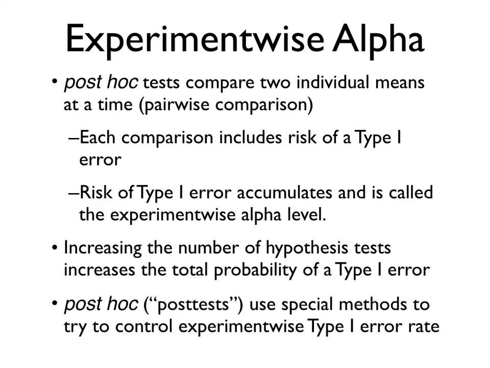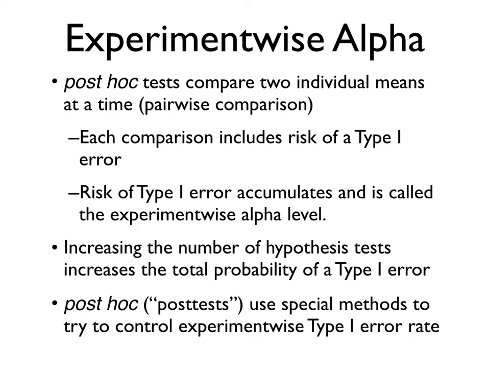The problem with these post hoc tests is alpha adds up, right? Post hoc tests compare two different individual means at one time in this pairwise comparison. And each time we do a statistical test, we get a chance of type 1 error, right? And typically we set that as 5%.